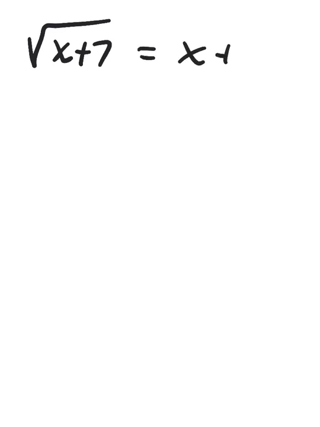Let's solve the square root of x plus 7 equals x plus 1. The radical term is already isolated, so we can immediately step in and square both sides to remove it.